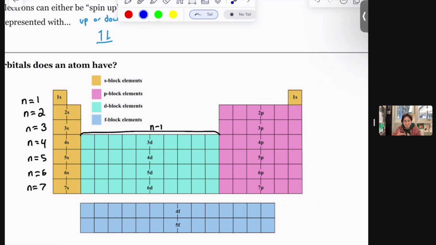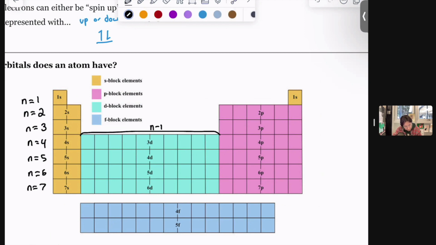So that's where it gets a little bit confusing because it does have this kind of staggered pattern. 3s, 3p, 4s, 3d, 4p. I know it's a little weird. Basically, it's just showing the energy levels of these different electrons. Again, for honors, don't need to harp on it too much.